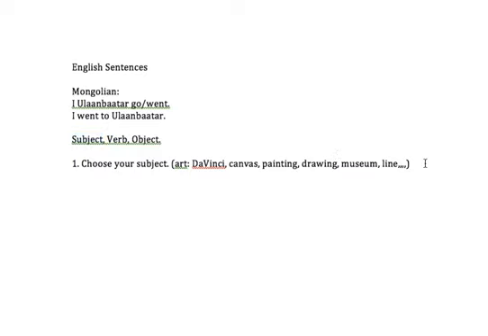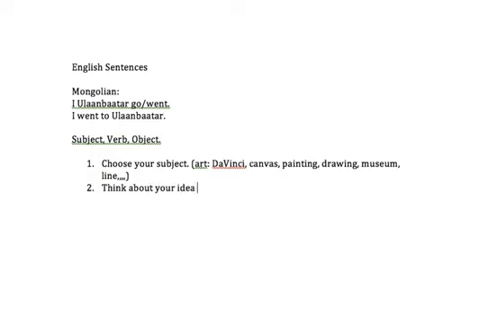So think about your idea. This means, what do you want to say? For now, just think of one thing. The reason you're only thinking of one thing is because to express that one thing, you need to decide on what the subject is and then see how the verb and object work for that idea.